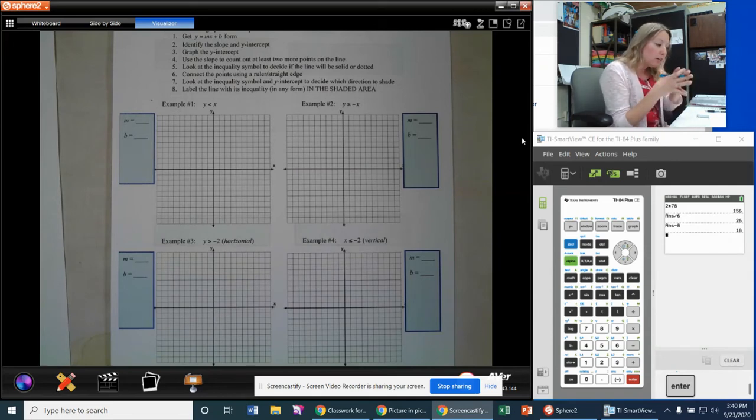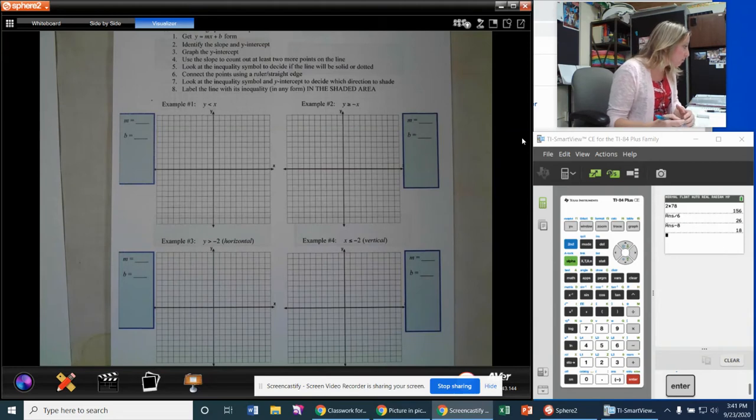Everything in the shaded region counts as a solution set. All those things in this 2-dimensional plane are points that make this true. To take care of the open circle or closed dot issue, that's the solid line versus dotted line. So graphing in y equals mx plus b form is still the case, even though I don't have equal signs.